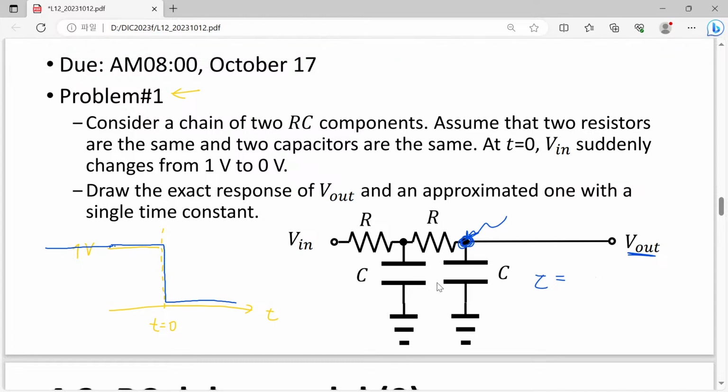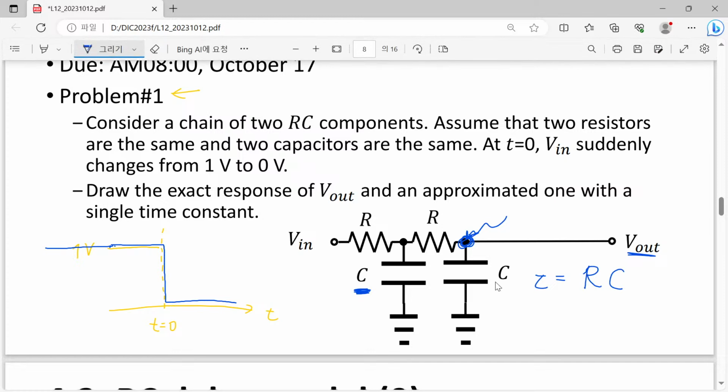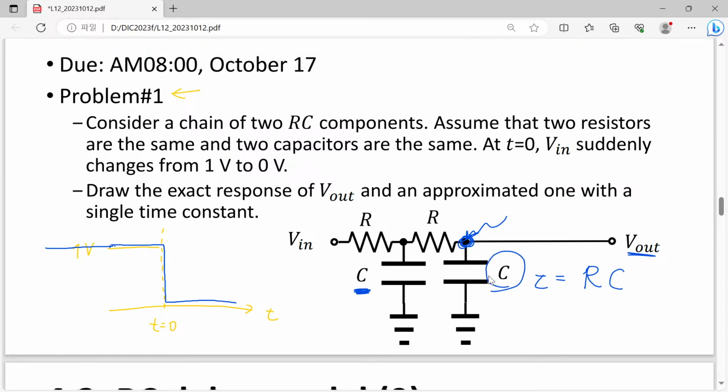In order to find out the propagation delay of this point, what we have to do is first calculate the contribution from the intermediate capacitor. So we must calculate R times C, but it's not for our target capacitor, but for the capacitor located in between through the path.